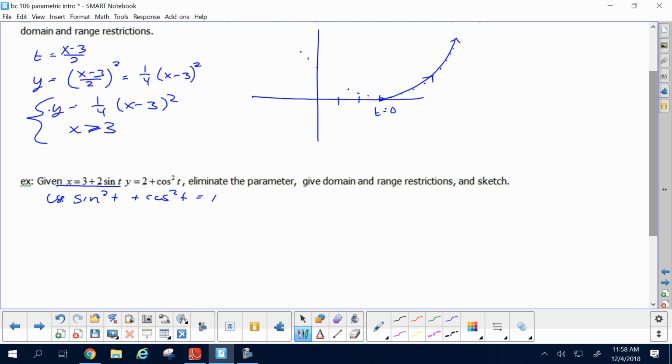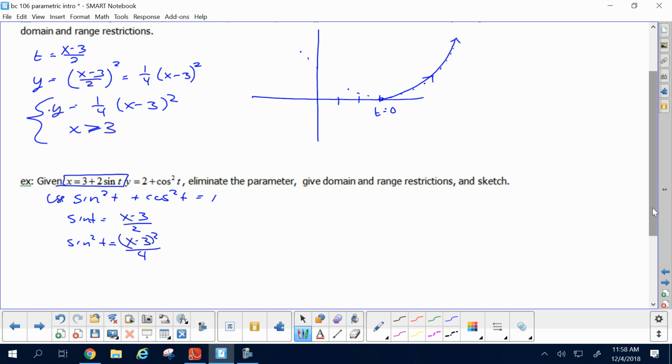Based on this fact, surely if x equals 3 plus 2 sine t, then sine t equals (x minus 3) over 2, and sine squared is (x minus 3) squared over 4. You follow? Stay with me?